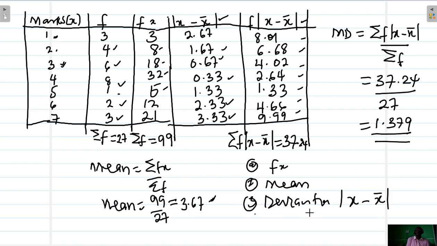When the result is negative, take it to be positive. The fourth step is to multiply the frequency by the absolute deviation, x minus x bar absolute. When you finish, sum f times absolute of x minus x bar. Then you use this formula to solve your question.